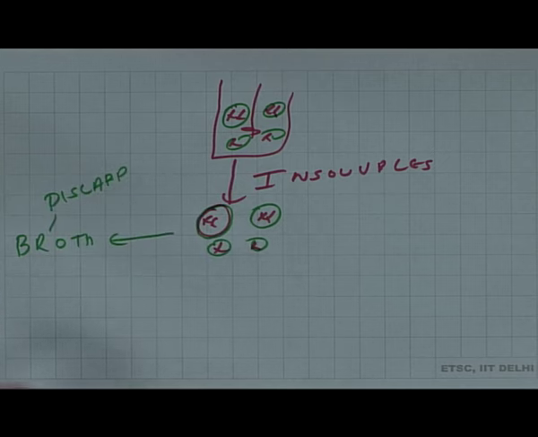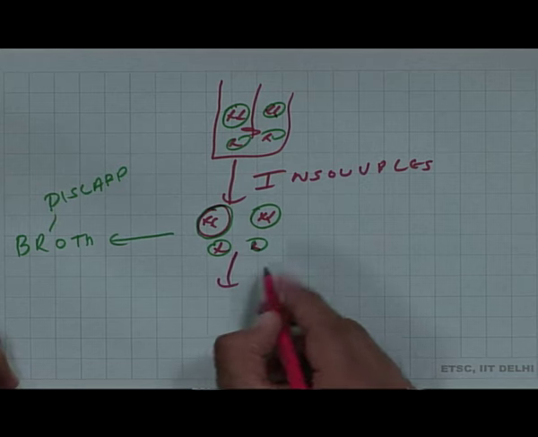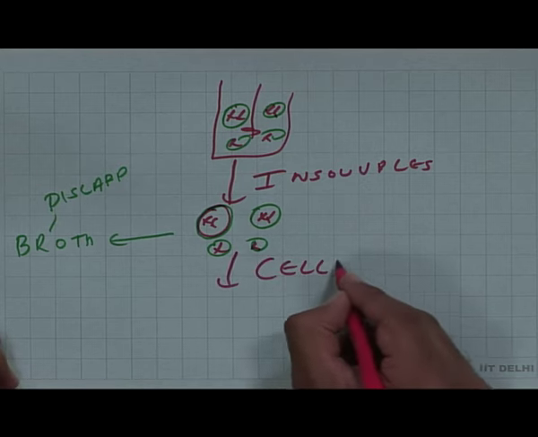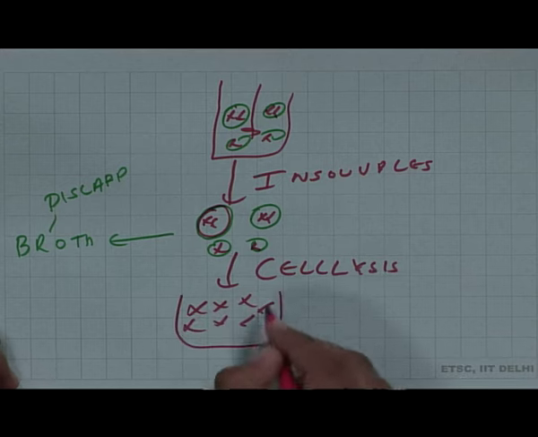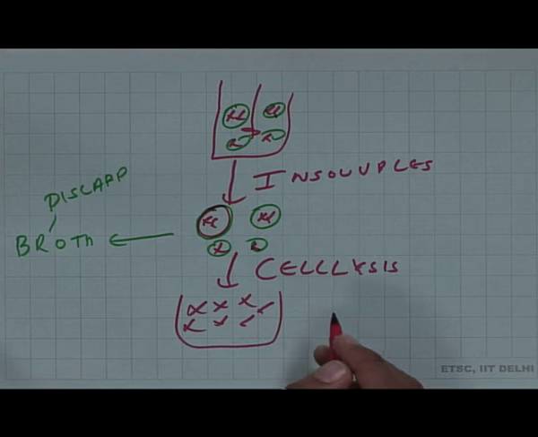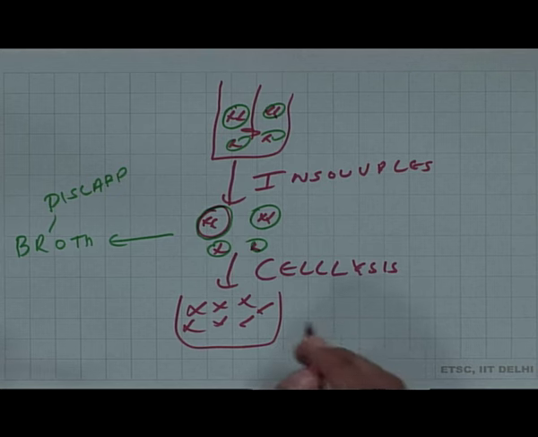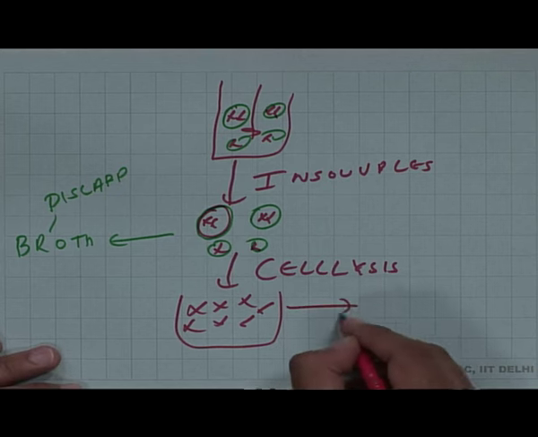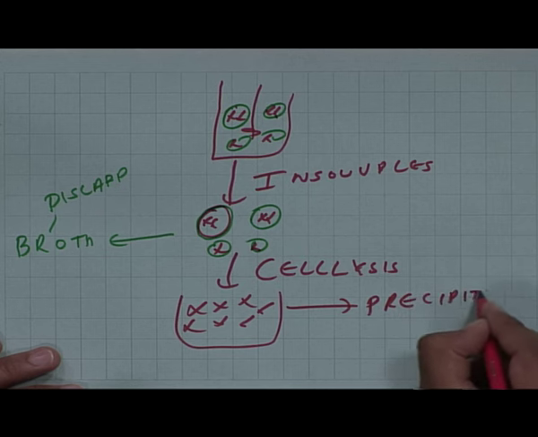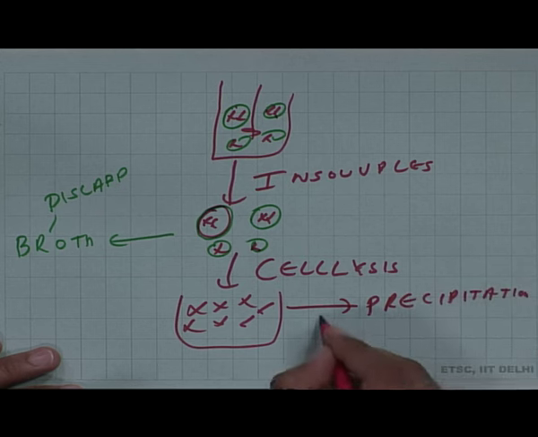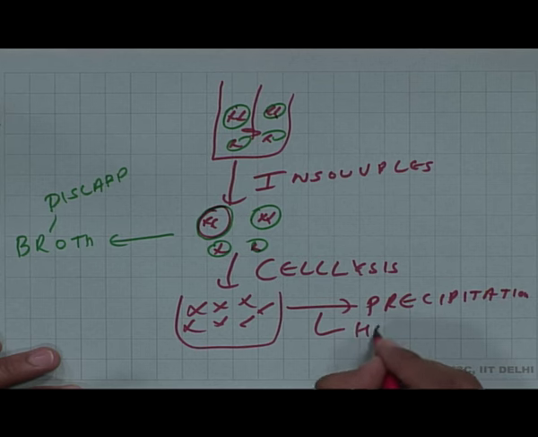Once that happens, you do cell lysis. Now, you have a protein there. This protein you might need to refold because it might not be in the right shape. So, you can do a precipitation of protein to purify it, or you can do His tag based purification.